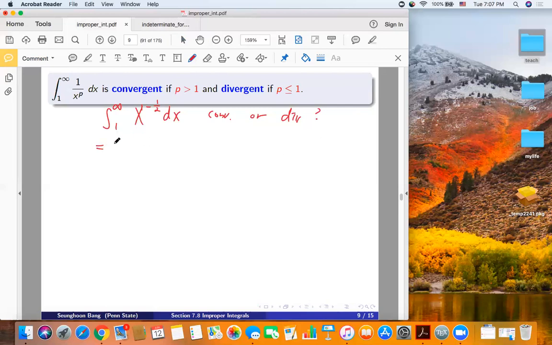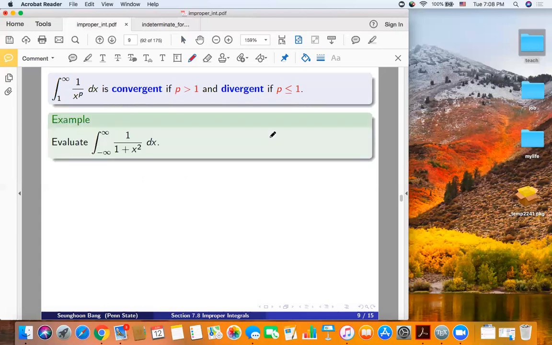Yes, because this is the same as the integral from 1 to infinity of 1 over x to the 1/2. This is like p. The p value is less than 1. Exactly this case, divergent. So that's it. This is the idea. Just use one good formula for solving this problem.